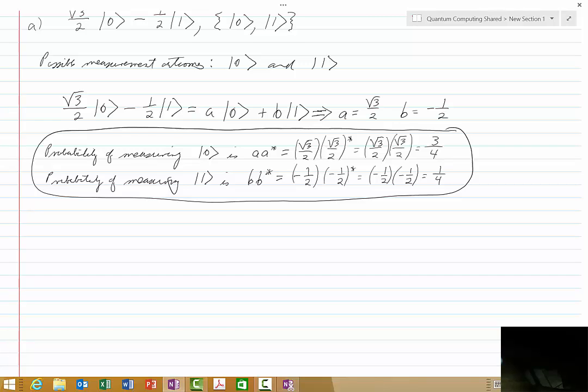So in the very last part of this exercise, in part G, the state is the plus ket, and the measurement basis is 1/2 times the 0 ket plus square root of 3 over 2 times the 1 ket.